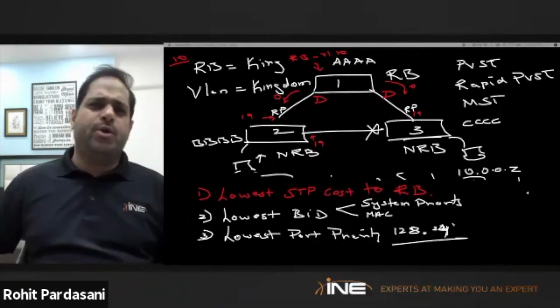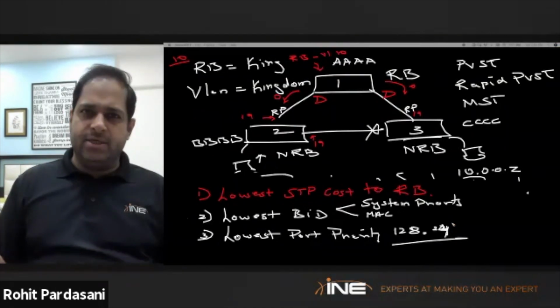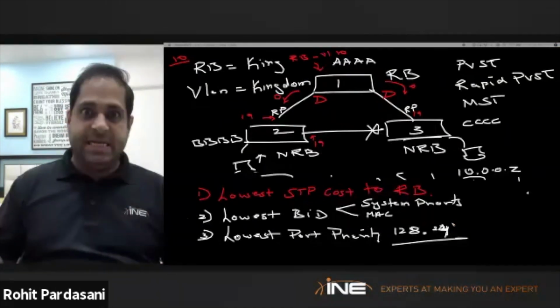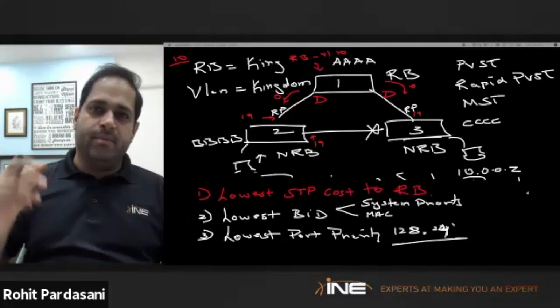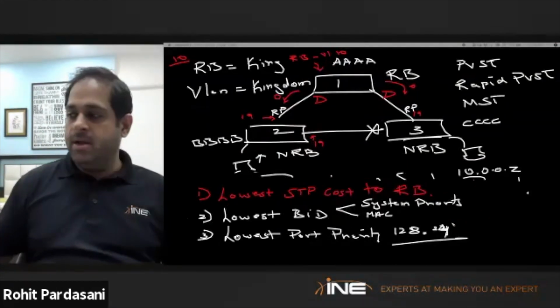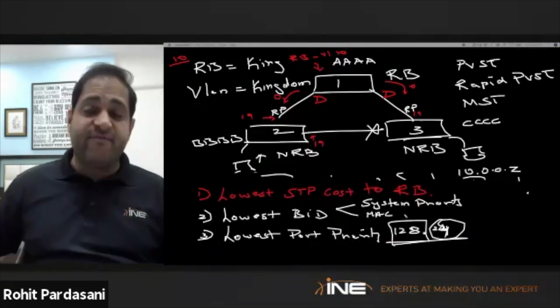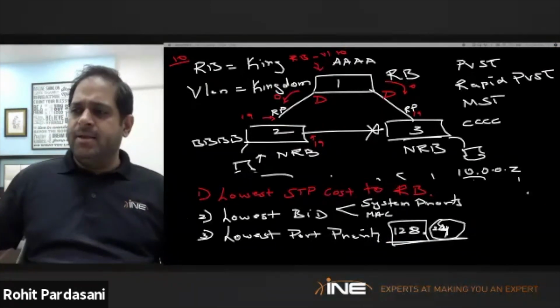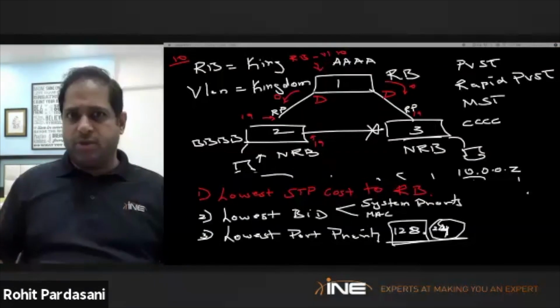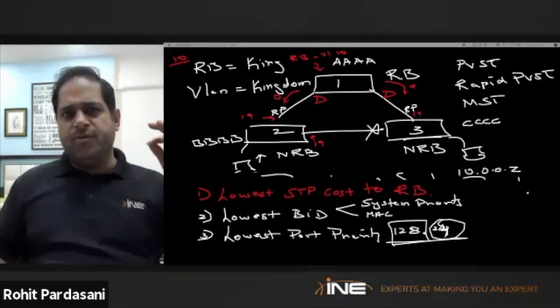Again, this is something that you can actually verify by doing a show spanning tree interface detail, and you'll get the port instance ID number. You cannot change this, but you can change this value. You can modify that for port selection. So anyway, coming back to root port selection, it's based on 3 things.